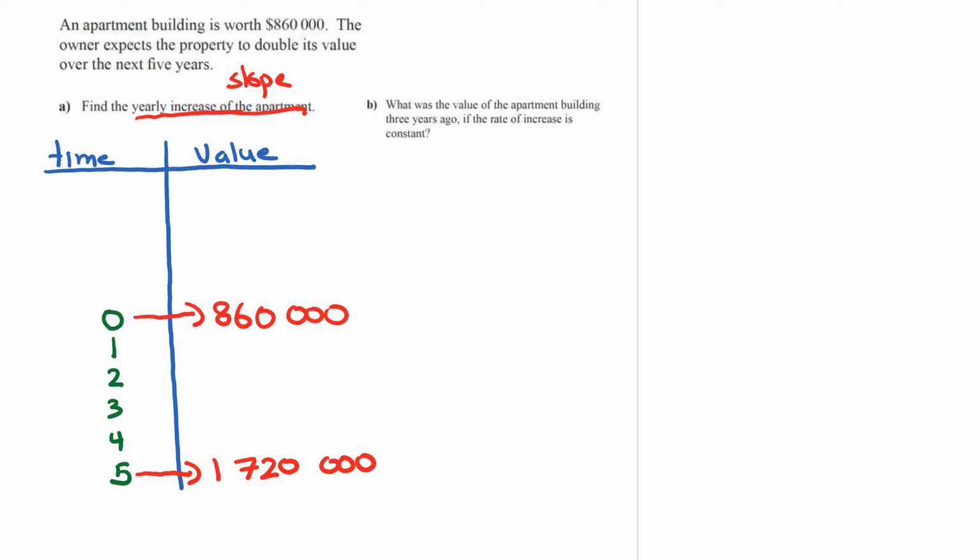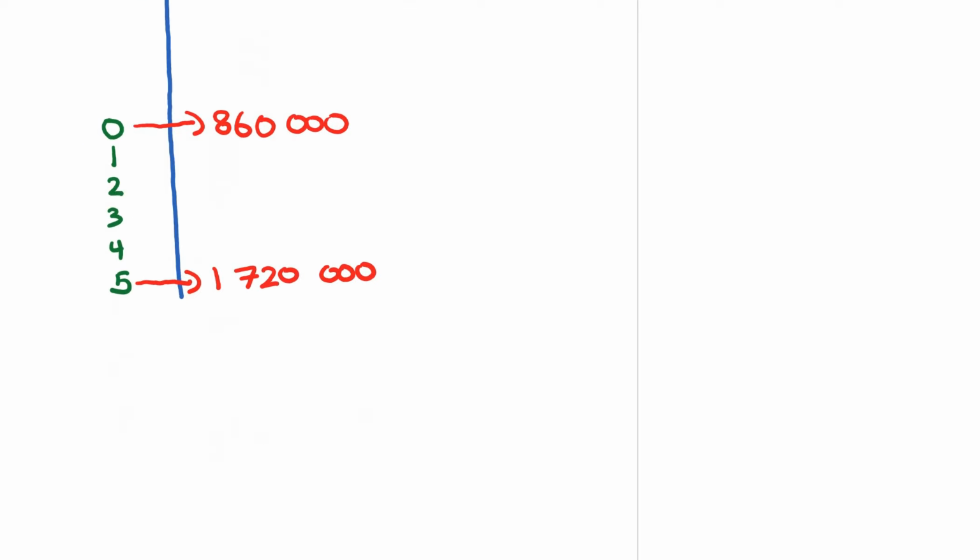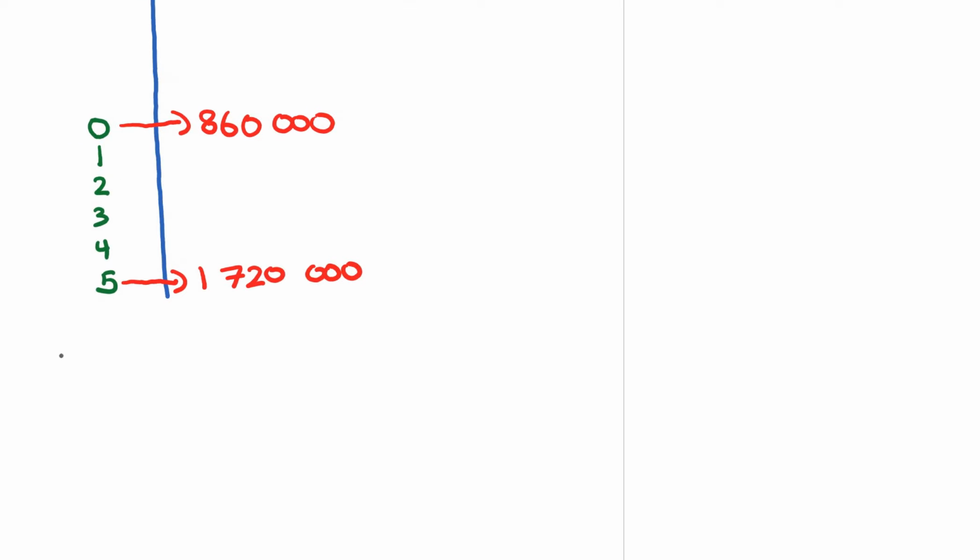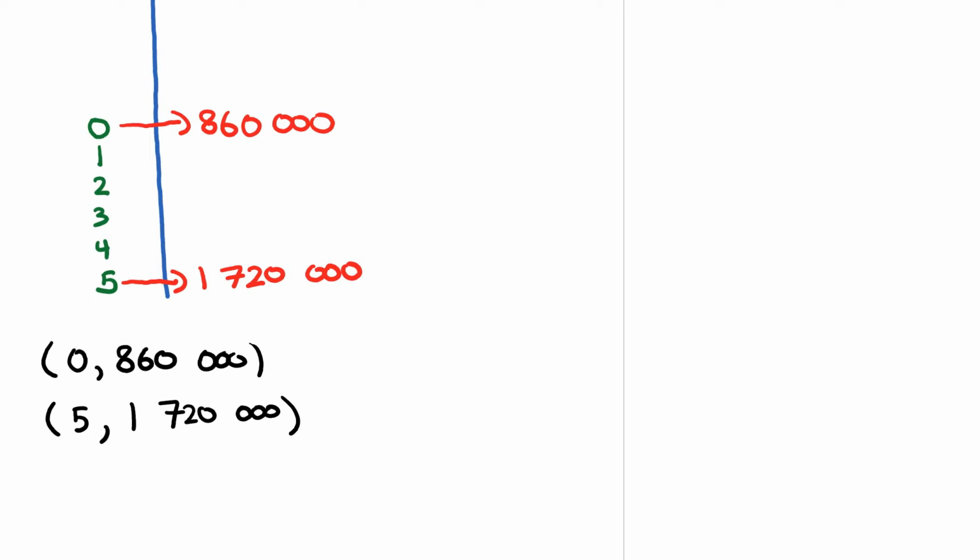Okay, so let's go ahead and find the yearly increase of the apartment, and we can simply do that by finding the slope. So basically my coordinates I have are 0, $860,000, and the other coordinate I have is 5, $1,720,000. And let's go ahead and find my slope here.